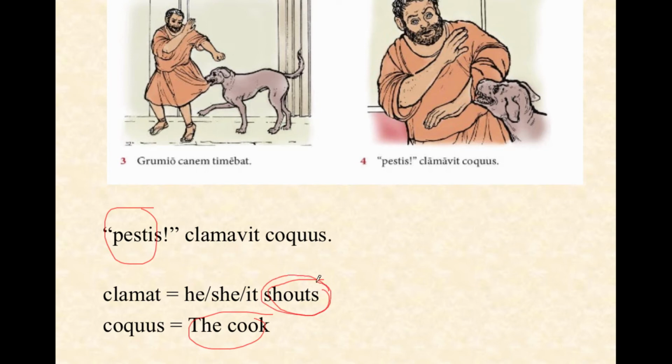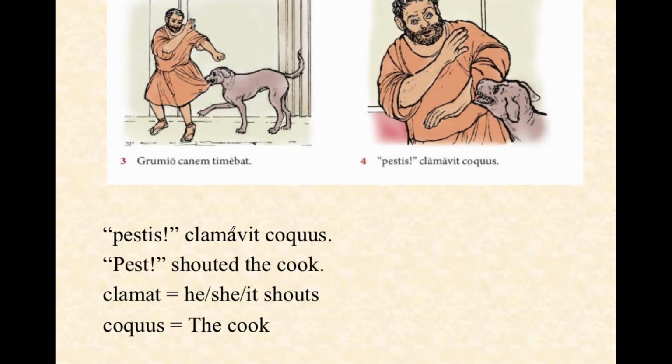Instead, I look and I say, oh, look, here's a V. That's the mark of the perfect tense, which I translate as simple past tense. In other words, pest shouted the cook. And clamabat, what would that be? Think about it. Was shouting.